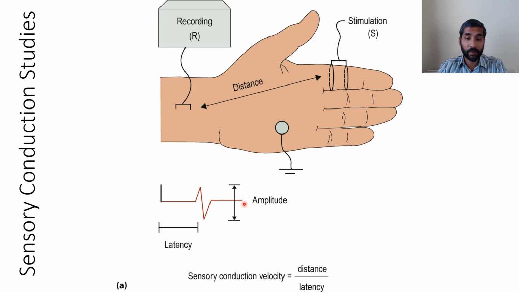And you will get a sensory nerve action potential, which would be, as you would imagine, much smaller in amplitude than the CMAP, just because CMAPs are muscle signals and not nerve signals, right? And you could calculate, for example, the sensory conduction velocity. If you know this distance, if you know the latency, you can calculate the conduction velocity, right?